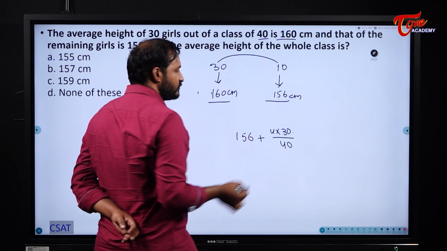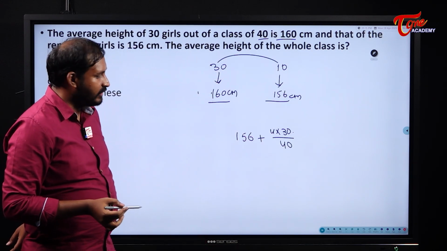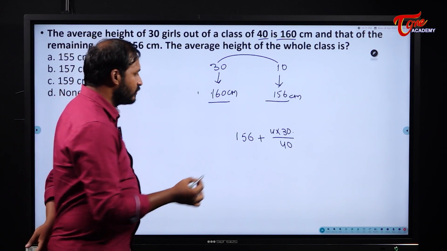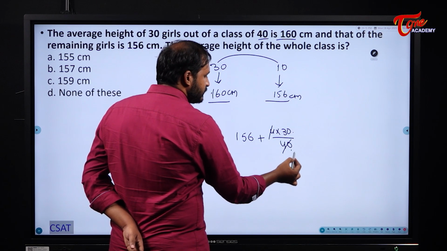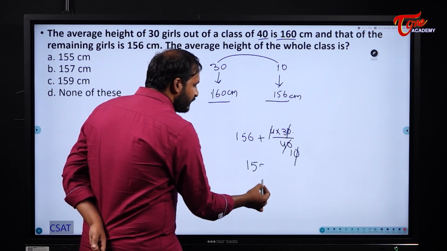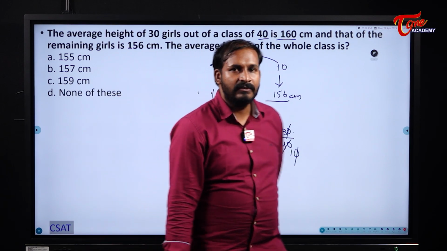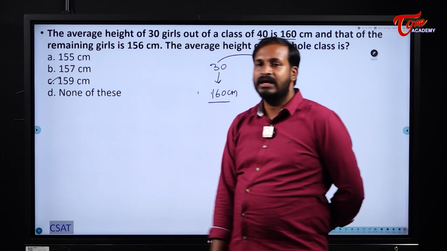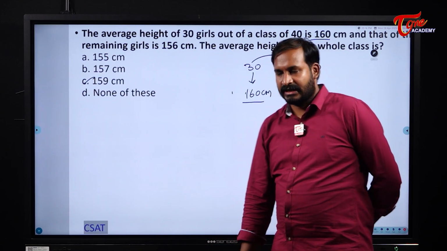Whatever we are adding or subtracting, we need to do that for the total. So now 4 tens, 0, 0 get cancelled. So 156 plus 3, it will become what? 159. So the average here will become 159. Okay, 159 centimeters will be the new average of the entire class.